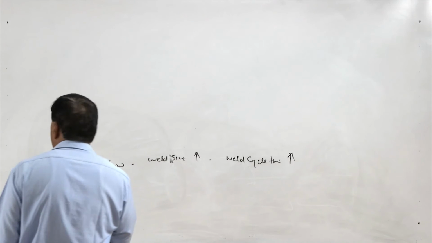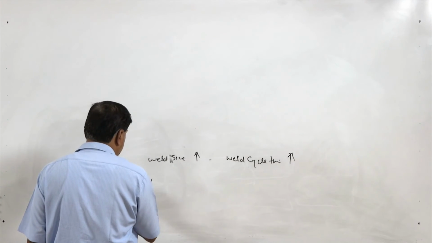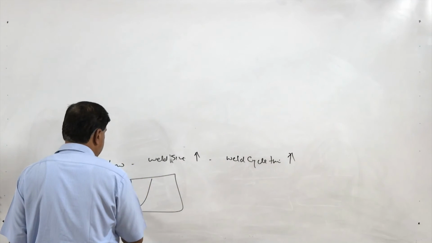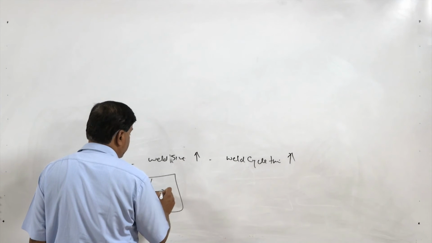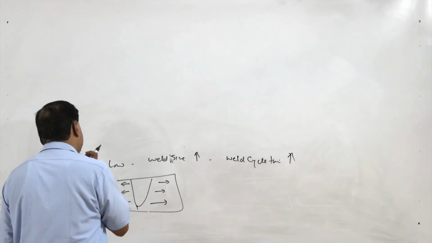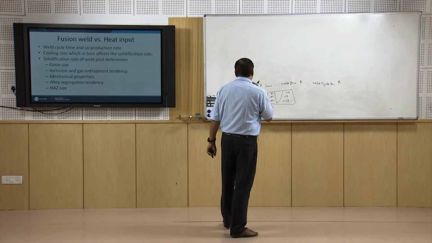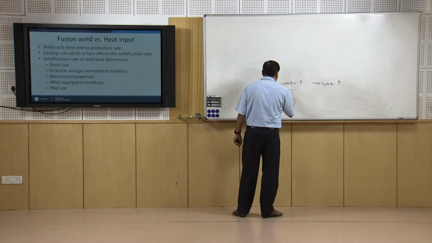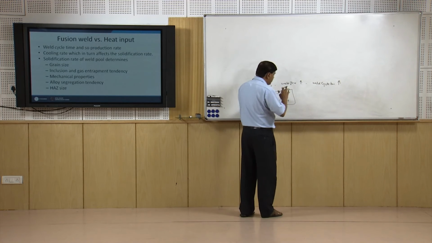This is one factor. Another is that the weld pool size is big. When the energy density is low, the weld pool size is big, so a lot of heat has to be dissipated to the base metal. So the solidification time is large.